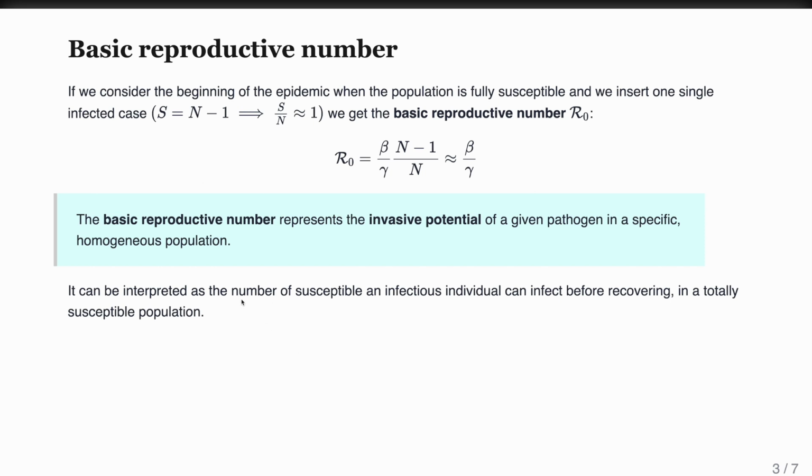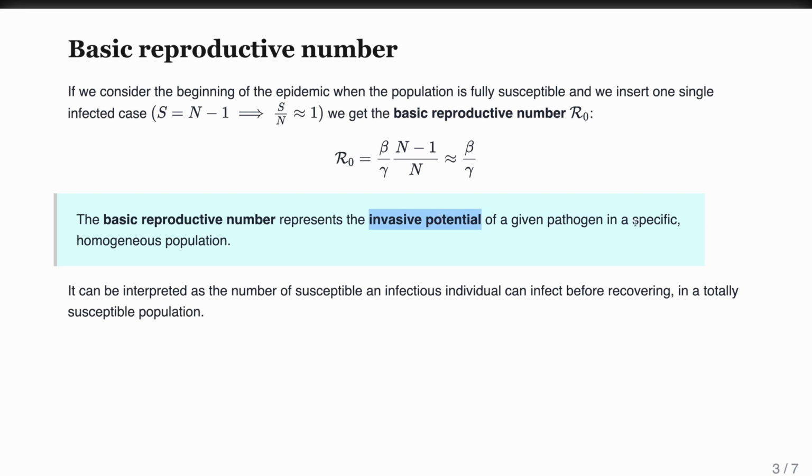this index tells us how many people an infectious person can infect in a totally susceptible population before recovering. And it's also very interesting because it tells us the invasive potential of a pathogen in a specific population.